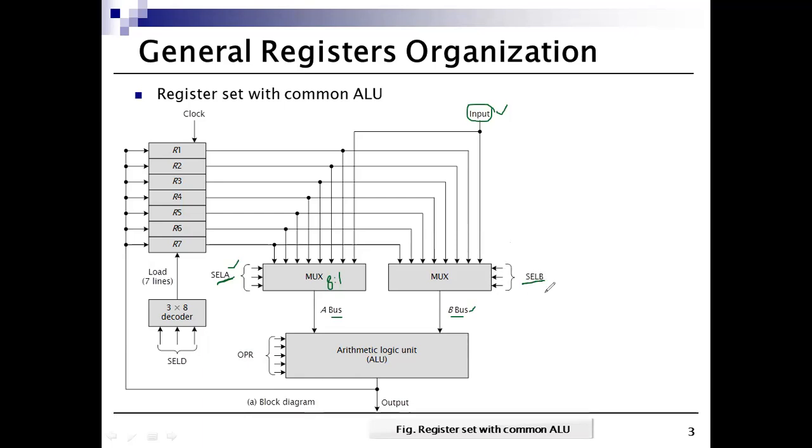Again, a 3-bit selection control input is necessary for the second 8x1 mux, to select 1 out of 8. Okay. So after this, now we have 2 operands available for the ALU to perform the operation.